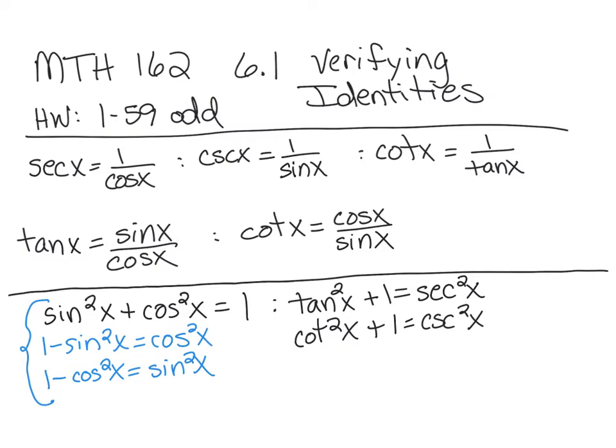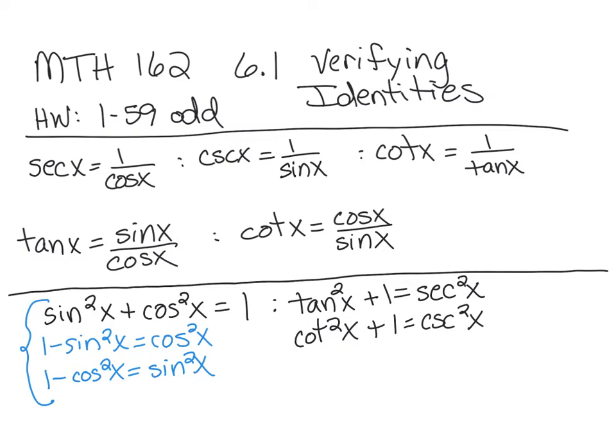Sometimes, not very frequently, but sometimes you'll have something like sine squared and you'll have to replace it with this and maybe factor that. This is the difference of perfect squares. All of your algebra skills are going to be used. You'll just be doing things with sines and cosines using these identities to make one side of an equation look like the other, not to solve, but to verify. You're proving something with these problems.